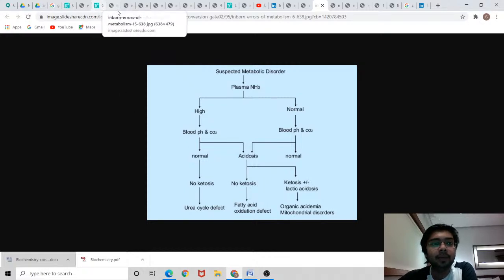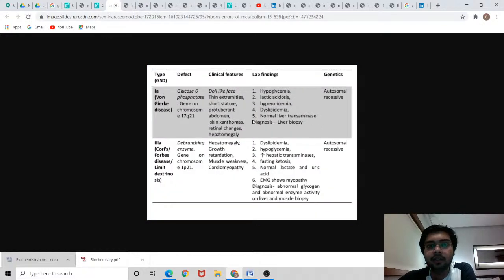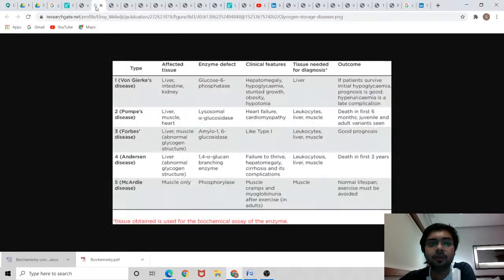Okay, so the main aim, the basic minimum, is that you should remember these names and their enzyme deficiencies. For glycogen storage diseases, you should know what is happening, the clinical symptoms, and the same is for mucopolysaccharidosis, where you should know how you are going to differentiate von Gierke from Pompe's and Anderson from McArdle.